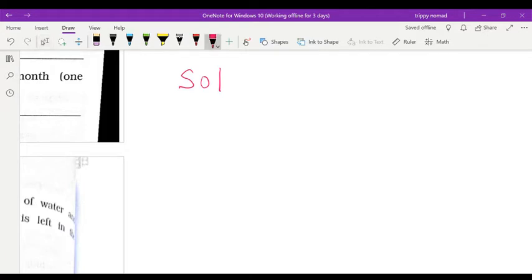Now question number 1 of main question 11, solution 1.